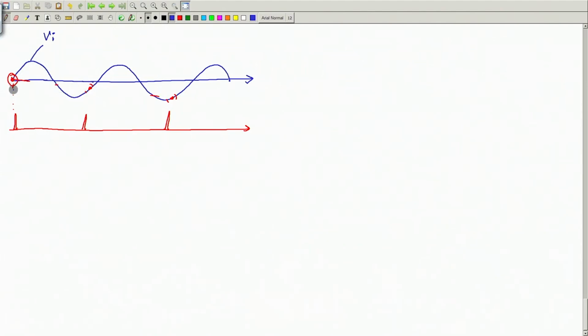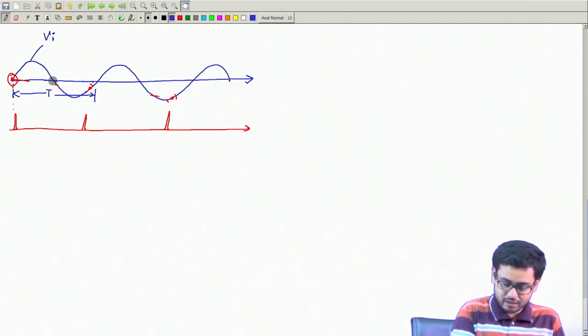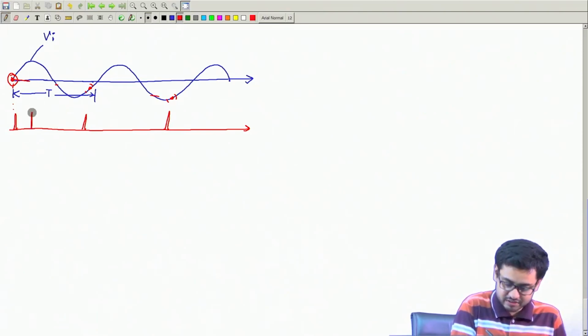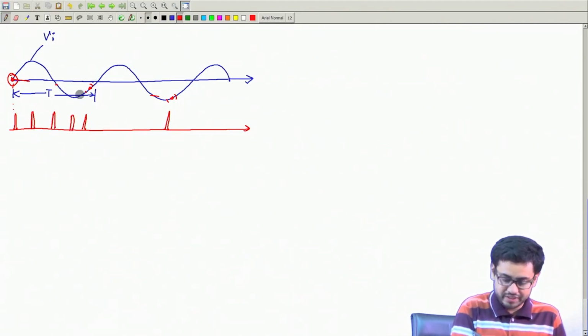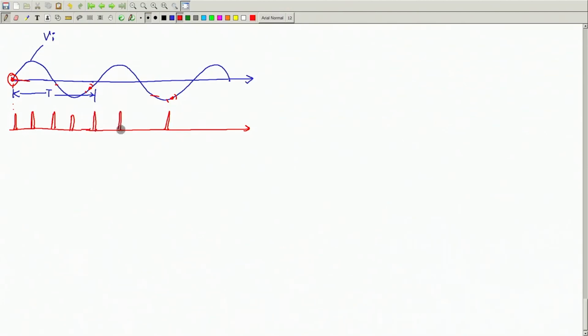This is the input time period, so I will take at least 4 samples within each time period. So 1, then I will take the next sample here, next sample here, next sample here. 1, 2, 3, 4 within one period, and then in the next period again 4 samples, 1, 2, 3, 4. This is within one cycle, and then another, and so on.